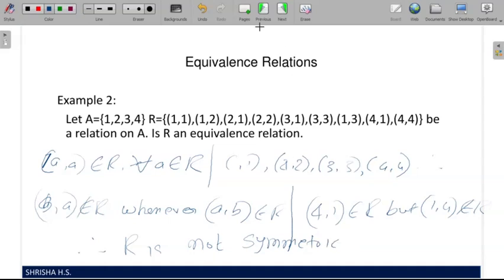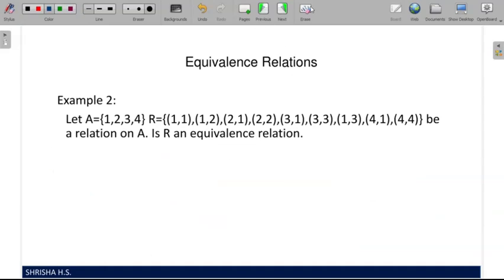So let's consider transitive. First of all, if it is not symmetric, we don't have to check further, because to prove it as an equivalence relation, we have to check all these three conditions. If any one condition is wrong, it is not an equivalence relation.